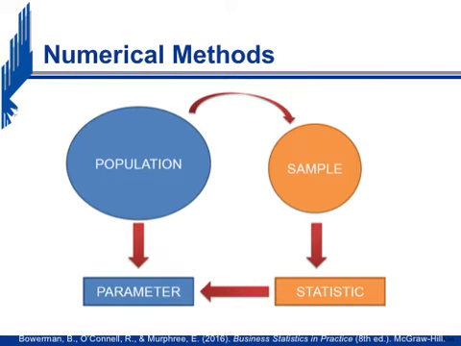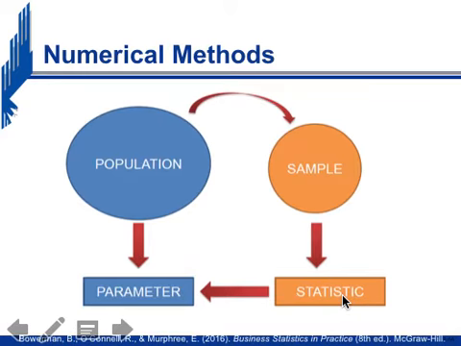If it's from a population or from a sample, the formulas will be different. So as discussed before about inferential statistics, the bigger set is the population and the sample is a part of the bigger population. Now, any computation from the population is called a parameter and any computation from a sample is called a statistic.